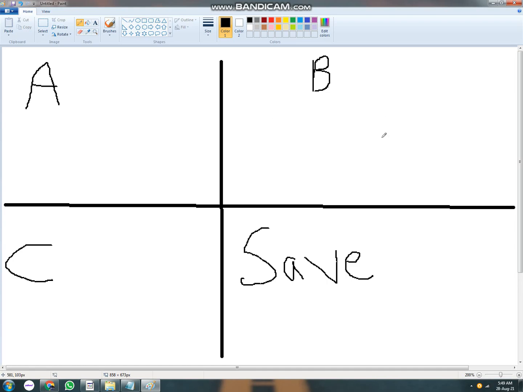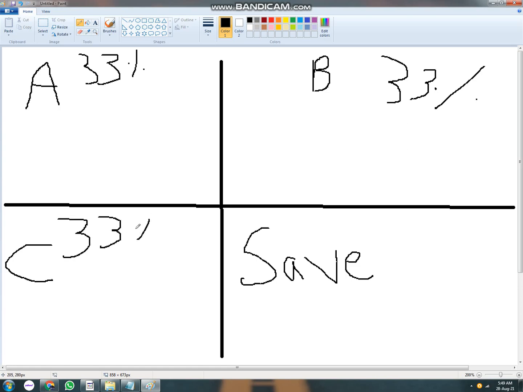So this type of, yes, it is 33, 33%. So it would go up 33%, something like that, I don't know, or maybe it would go down.